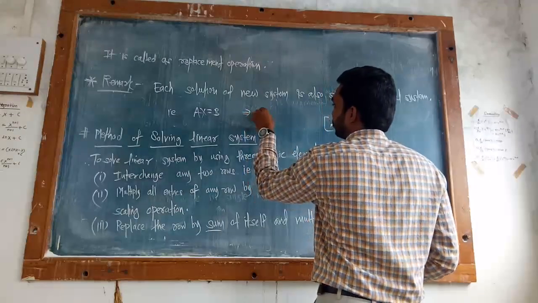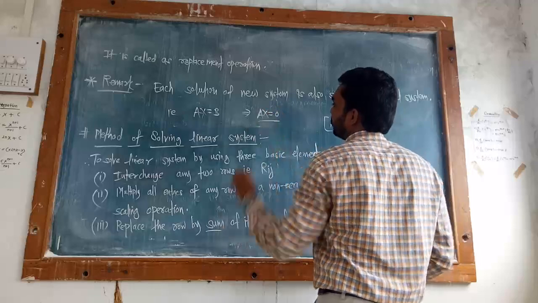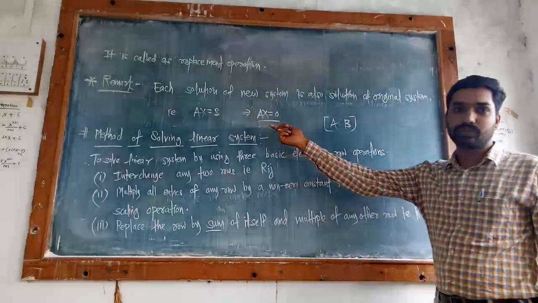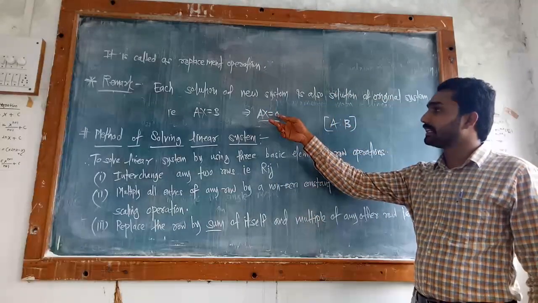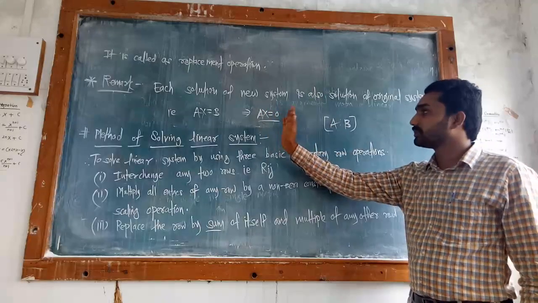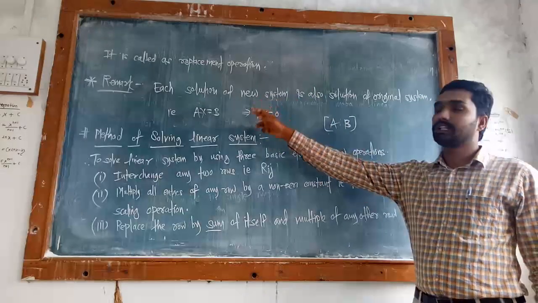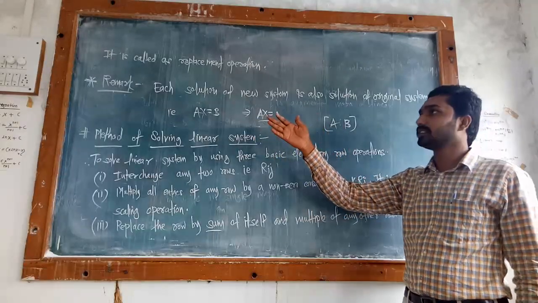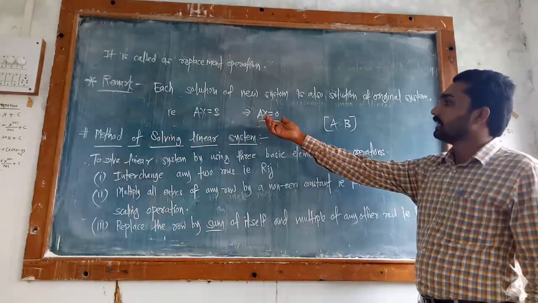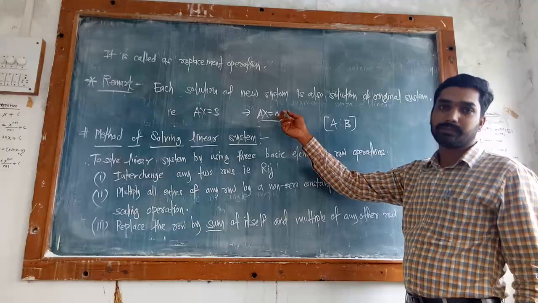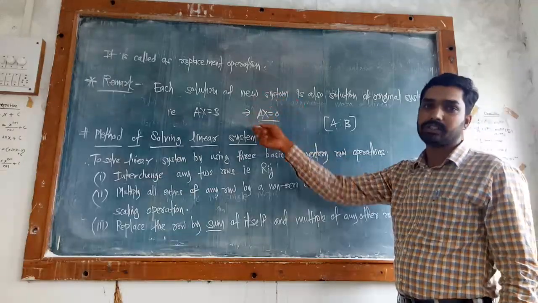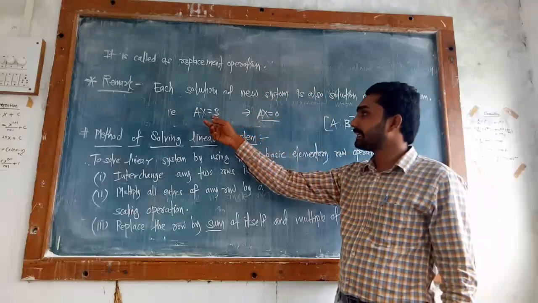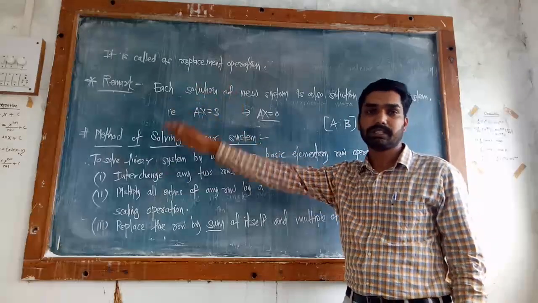If we consider the new system, Ax equal to 0, that is the right hand side is 0, then this system is said to be a homogeneous system. We will study this after the lecture. If the right hand side b is non-zero, then the system is said to be a non-homogeneous system.